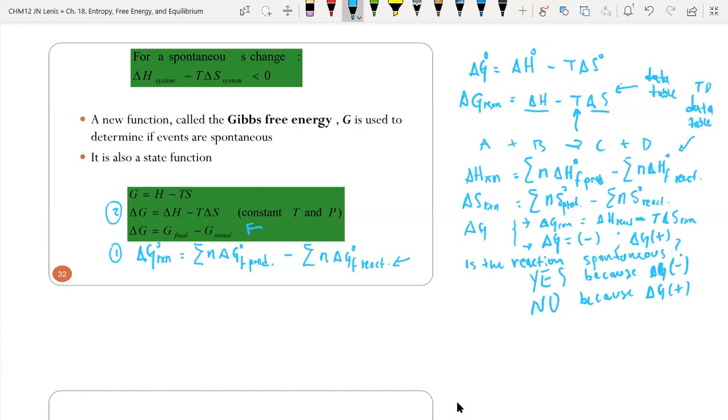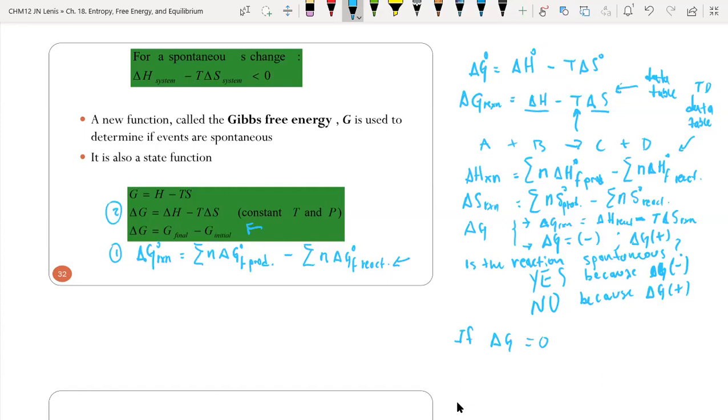What about if delta G equals 0? That's possible. It's not negative, it's not positive, but you find delta G equals 0. What would you say?